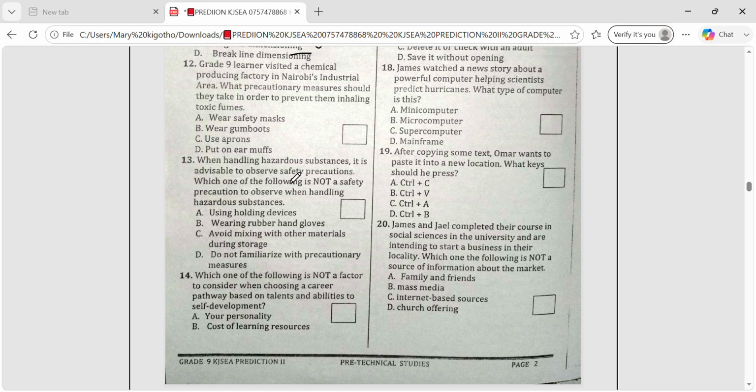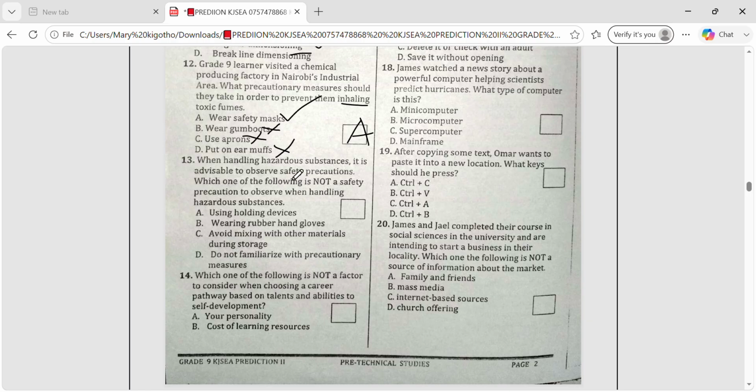So we have inhaling toxic fumes. Now we start with wearing safety mask. Wearing gumboots protects the feet, so it's not there. Use apron protects the body from spills and splashes, so it's not there. Put on earmuffs protects the hearing from loud noise. So we are only left with wearing safety mask, and that's the correct answer. The correct answer for question 12 is A.